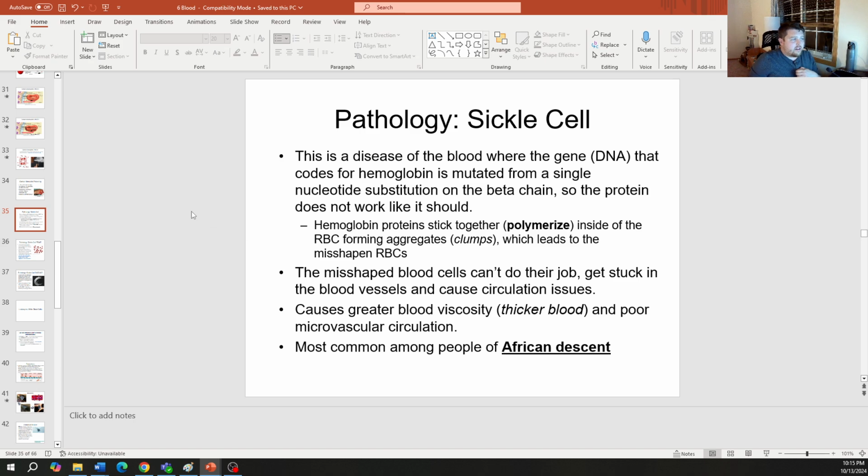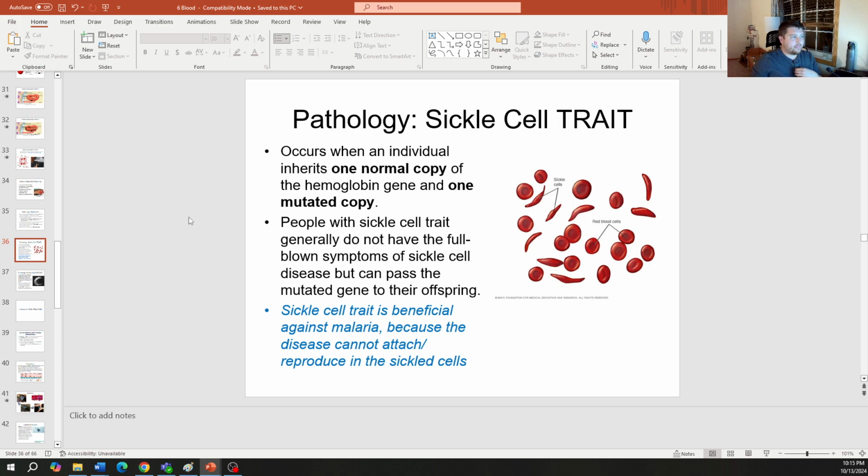Because everybody has 2 of each chromosome, if you have 1 copy of hemoglobin that's mutated on your chromosomes, and then a normal copy, you get sickle cell trait. This is where some of the red blood cells are sickled, and other red blood cells are completely normal.